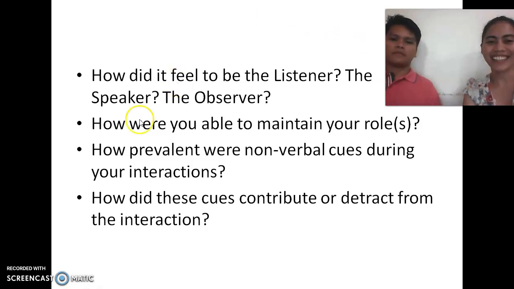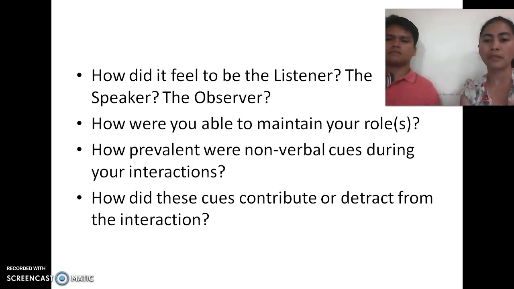Okay, now the third question: how prevalent were nonverbal cues during your interactions? How important? Nonverbal cues are so important to see that you're having good communication with the listeners.